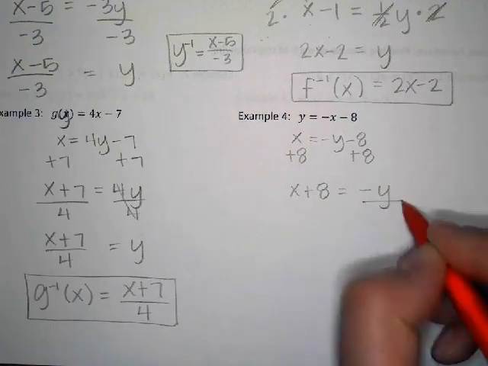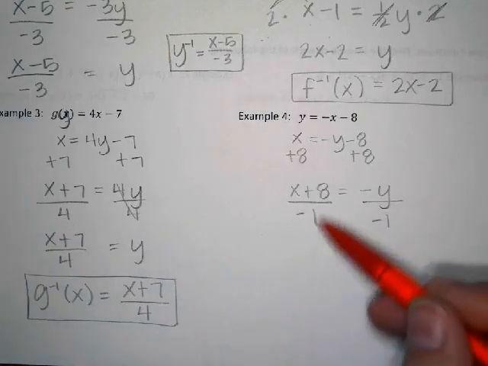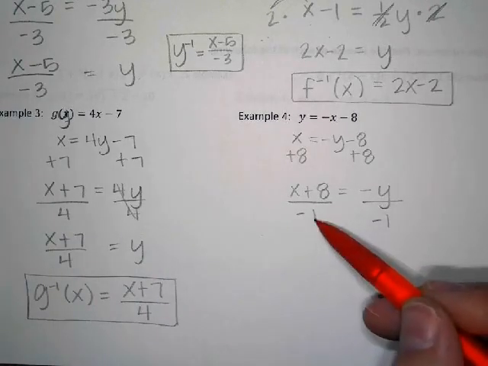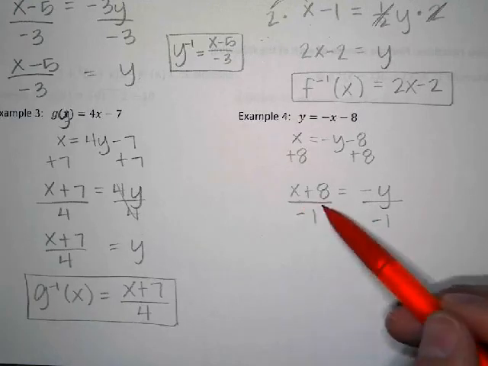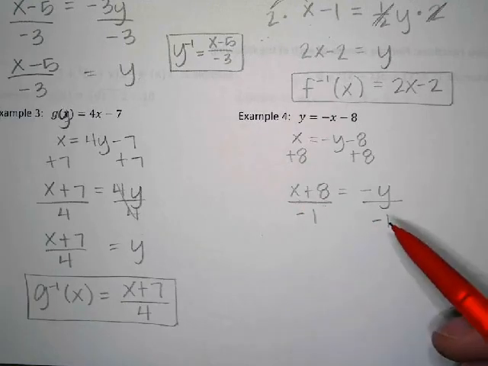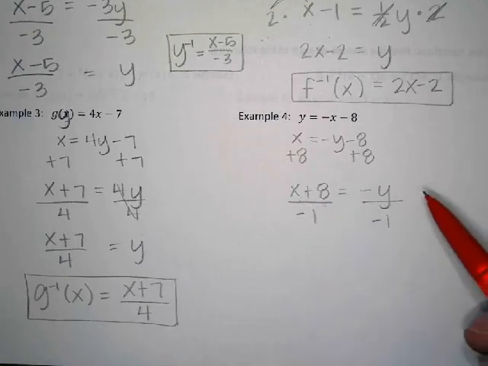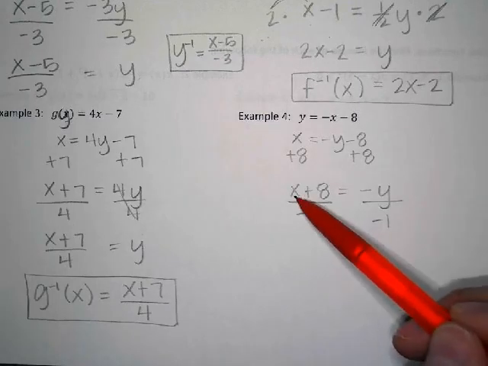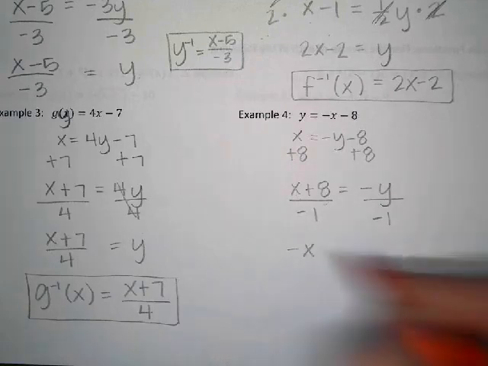Now if we had a number on the bottom other than 1, then we would just leave the number on the bottom. But do we know how to divide by negative 1 with these two? What happens when you divide by a negative 1? Yeah, it changes the signs, right? So a positive x would become negative x, and a positive 8 would become negative 8.